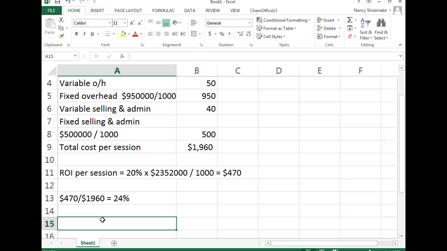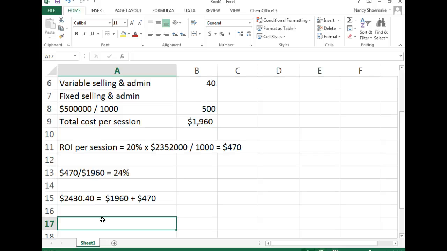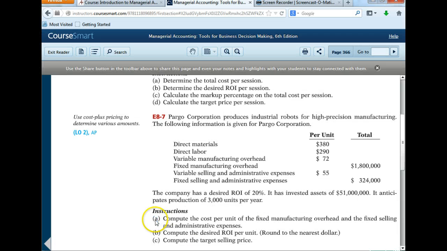Our target price per session is $2,430. We compute that by our cost of $1,960 plus our desired return per session of $470. Does that make sense, guys? Any questions?